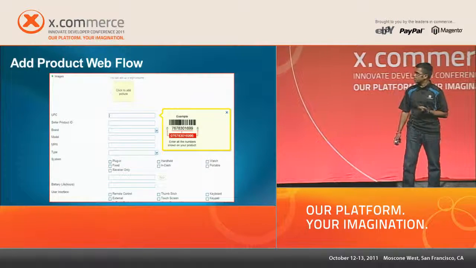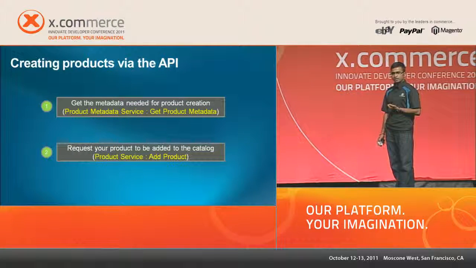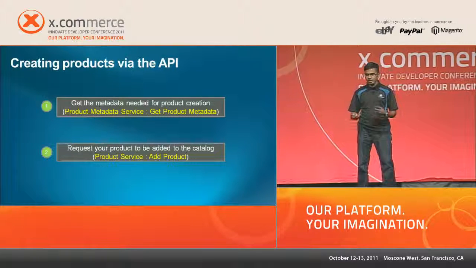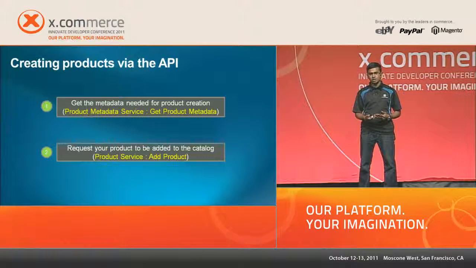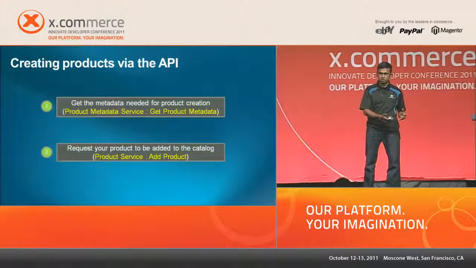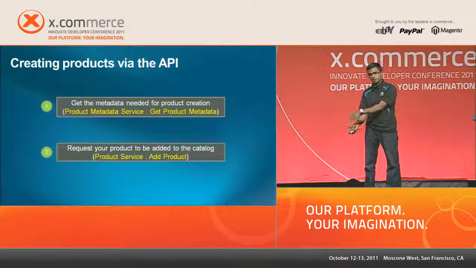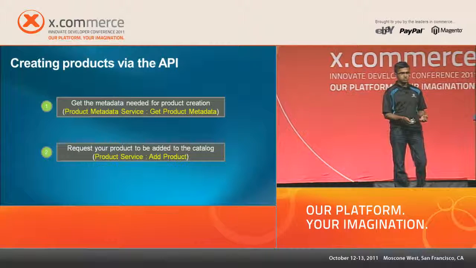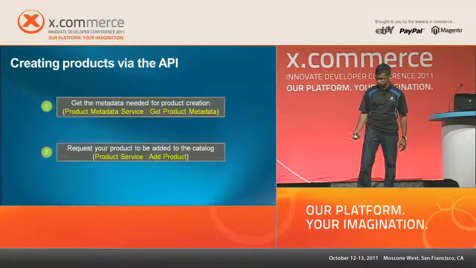The same exact thing can be done via the API. It is a simple two-step process. In step one, you query the catalog to get the metadata you need about the category in which you want to add the product. So you need to know what information to collect from your customer to create a product in a particular category. And in the second step, you simply submit that request. You call add product and request it.